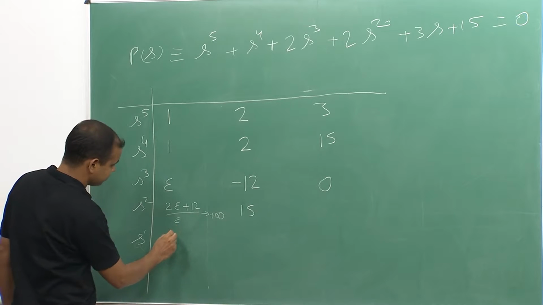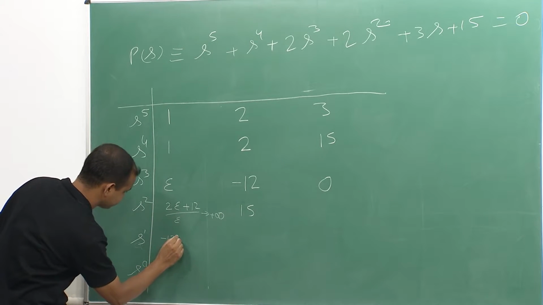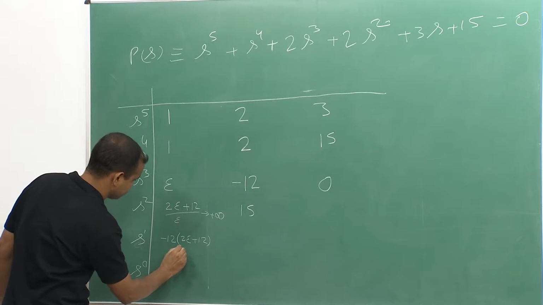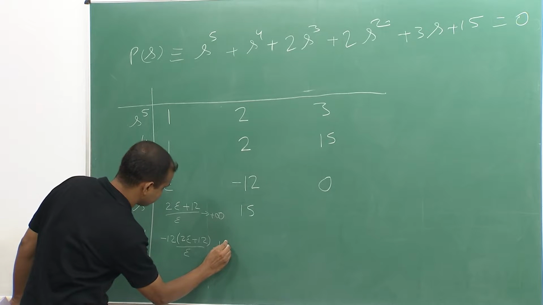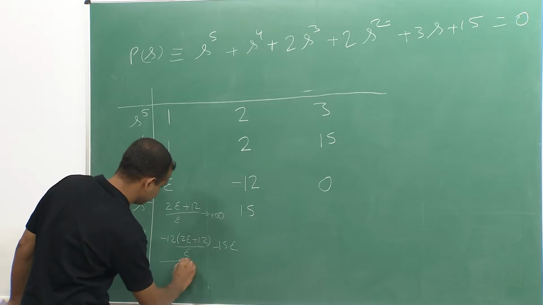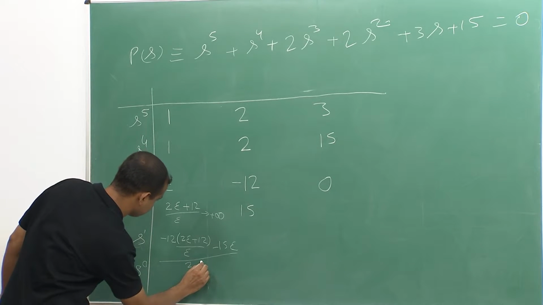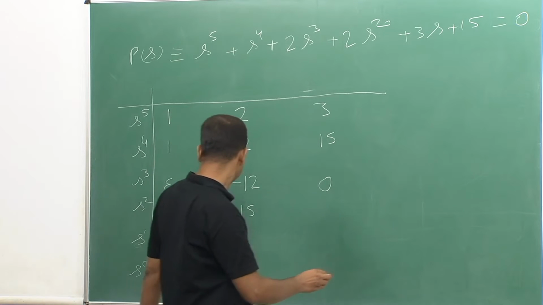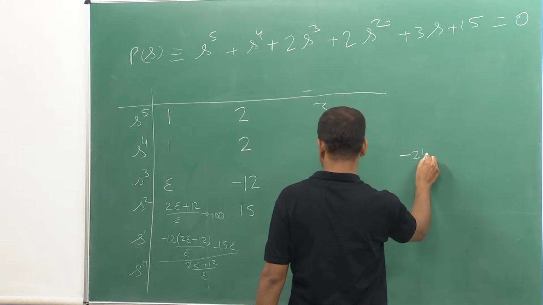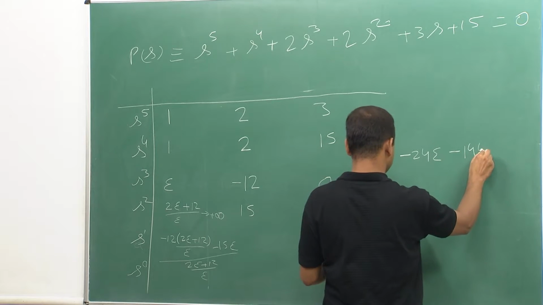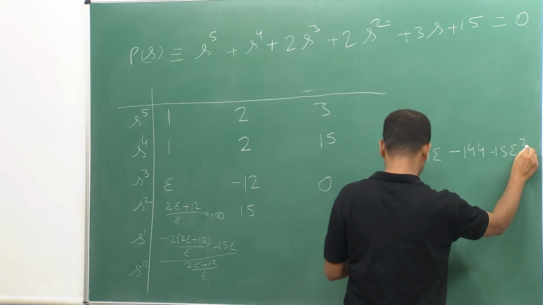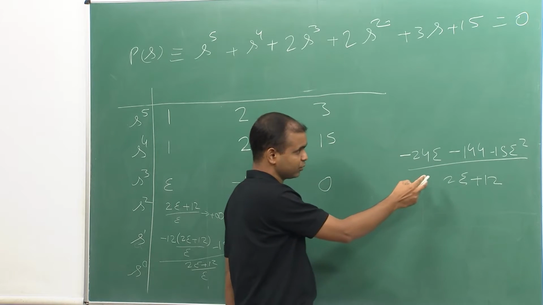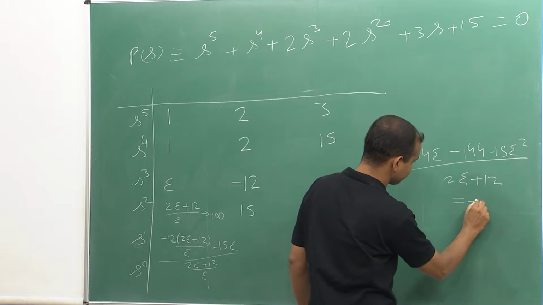The term that I will write here is the minus 12 times 2 epsilon plus 12 by epsilon minus 15 epsilon divided by the whole divided by this 2 epsilon plus 12 by epsilon, and if I solve it, this is minus 24 epsilon minus 144 minus 15 epsilon square by 2 epsilon plus 12, and if epsilon is tending to 0, this will be minus 12.